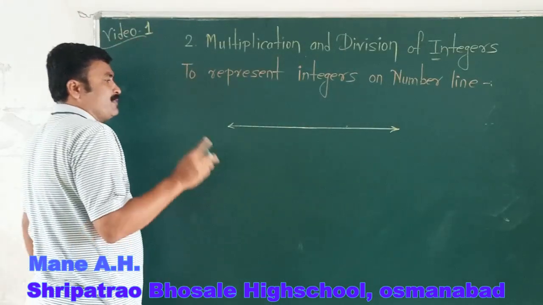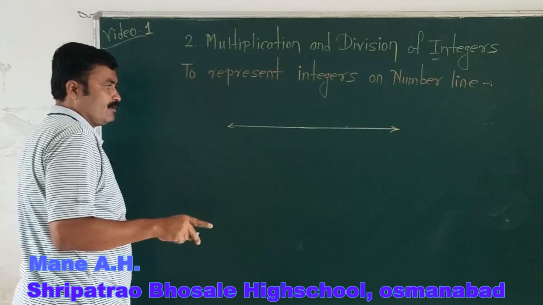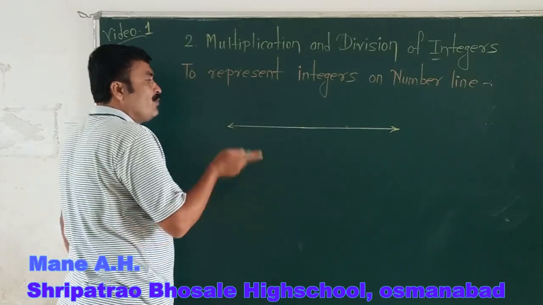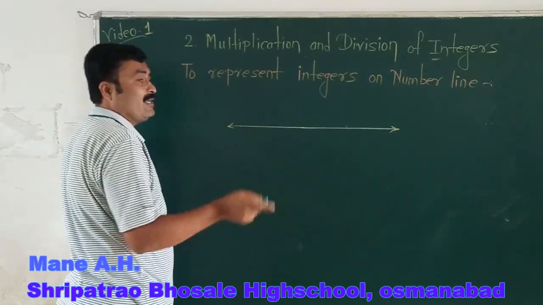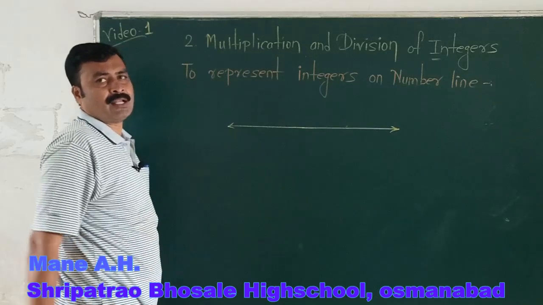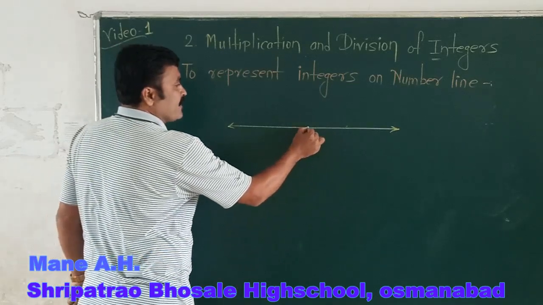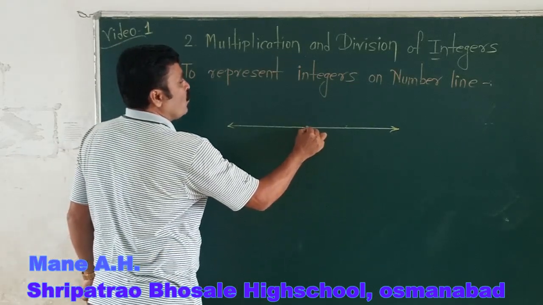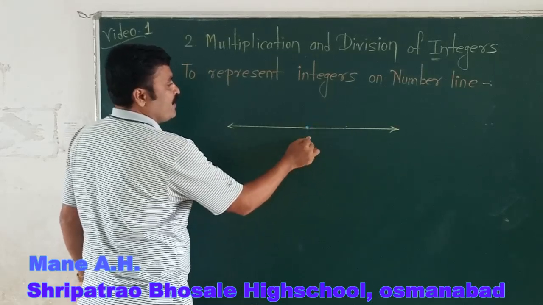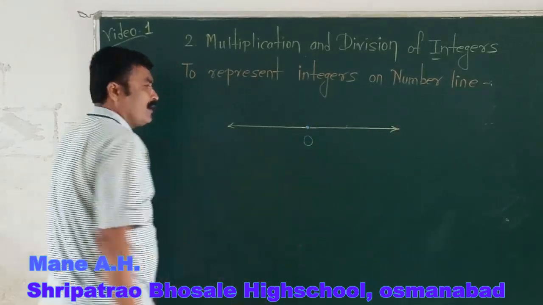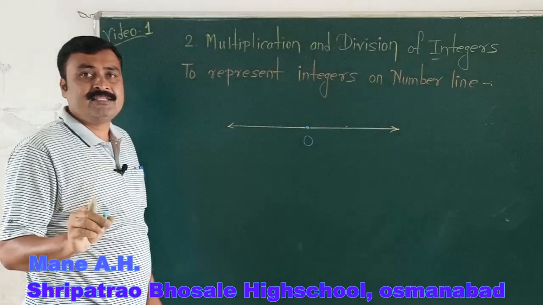Now after drawing this number line, the next step is we have to take a point at any place on this number line. So at the center, I am taking a point, and this point I am representing as the integer 0.